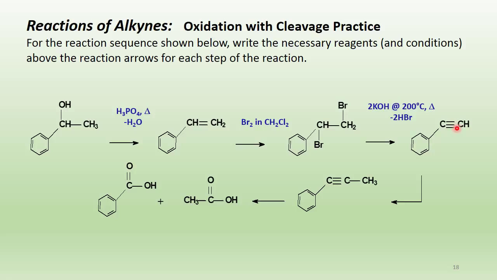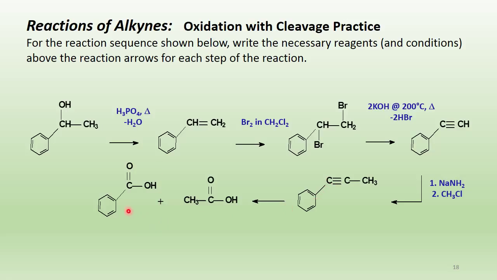The first step would be to deprotonate the terminal alkyne hydrogen with sodium amide and form an alkynide. The next step would be to add methyl chloride or methyl bromide such that a substitution reaction occurs to add the methyl group. And finally, you can see that our structure has been cleaved.